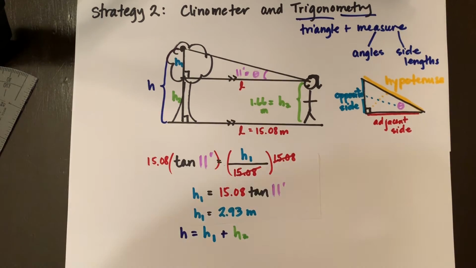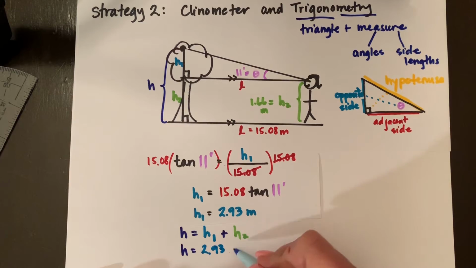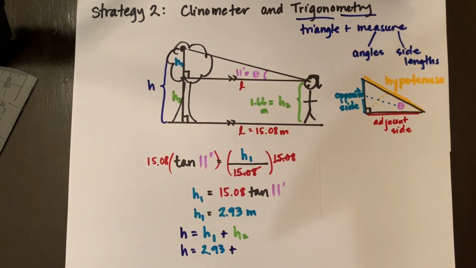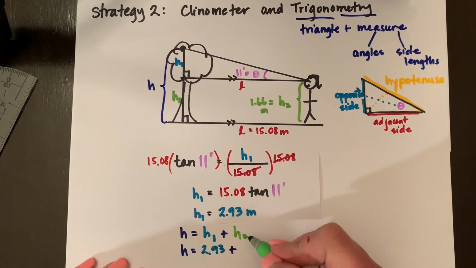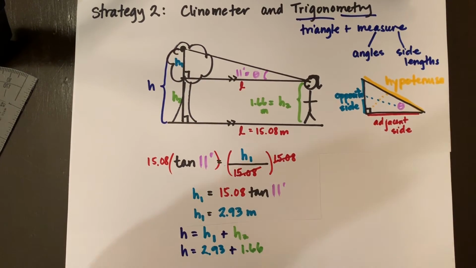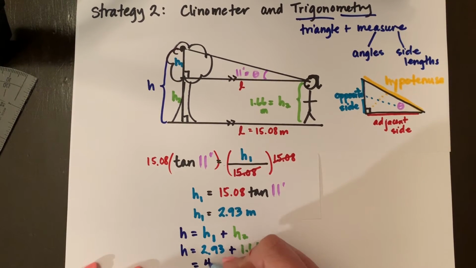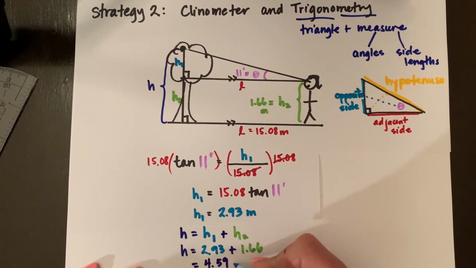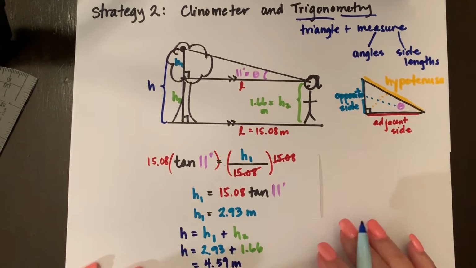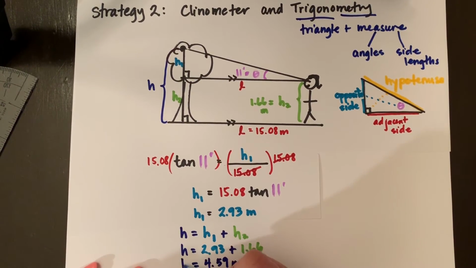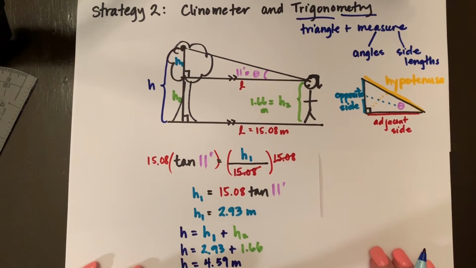And so we know that the height of the right triangle was 2.93, and the height of my eyes above the ground was 1.66 meters. Adding those together, we get 4.59 meters. And so the question is, how many feet is that?